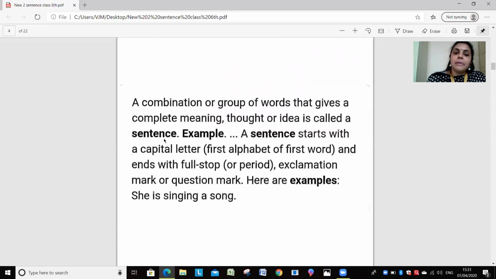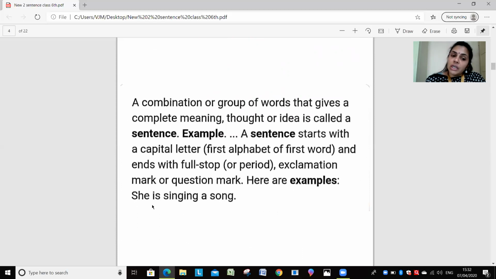A quick recap: a combination or a group of words that gives you a complete meaning, thought or idea is called a sentence. A sentence starts with a capital letter, okay, and ends with a full stop, period, exclamation, or a question mark. There is an example. She is singing a song.